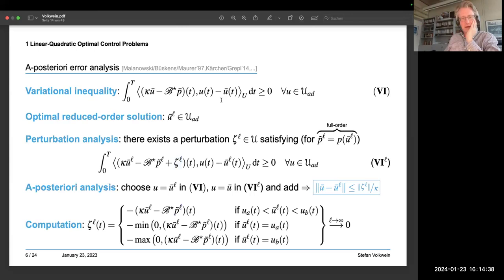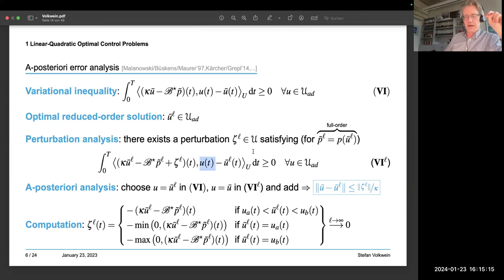The idea is that in the first variational inequality, we can use any admissible control. One possibility is that I choose the suboptimal reduced order solution, so I take this U bar L in the VI. Vice versa, in the variational inequality with the perturbation, this VIL, I have again this U admissible, and here I use the optimal, in fact unknown, U bar.